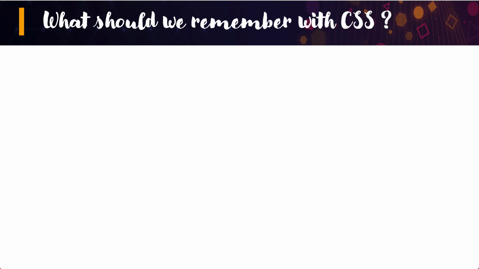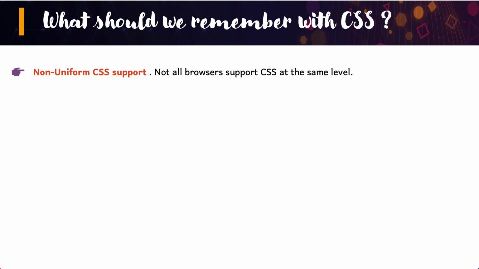Now, everything that is good also comes with a catch. There are a few things that we should remember that are sometimes called disadvantages of CSS. CSS, even though we have not talked about it so far, is not one standard. CSS has grown through different versions over a period of time.